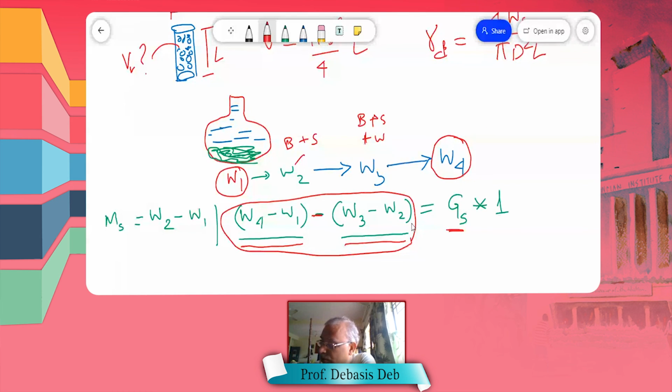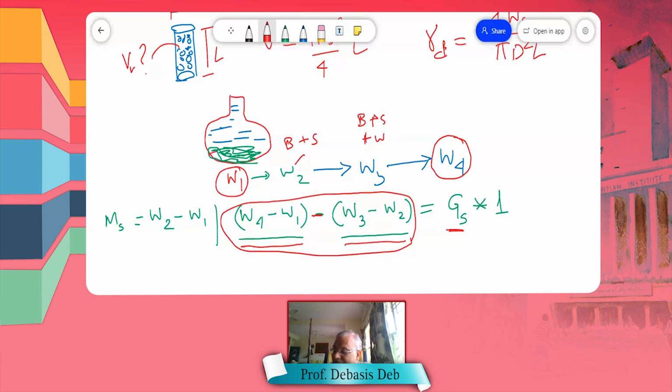Now, if I say its specific gravity is GS, and then multiply by 1 gram per cc, then what will I get?